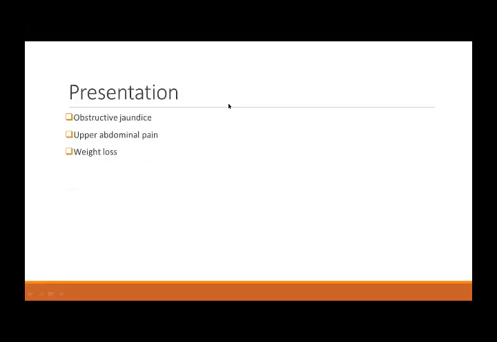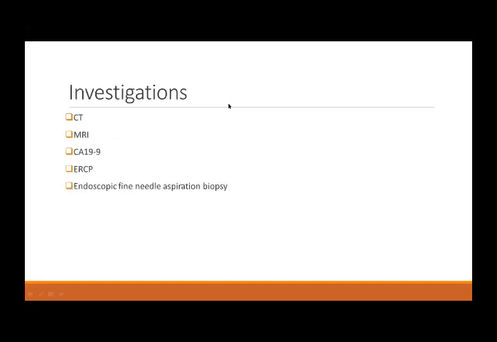Presentation: upper abdominal pain, weight loss, obstructive jaundice. Obstructive jaundice means there is a disturbance in the flow in the biliary tree, with abdominal pain, possibly biliary colic, and weight loss. You do investigations: CT scan, MRI scan, ERCP, fine needle aspiration biopsies, and CA19-9. That's a tumor marker.